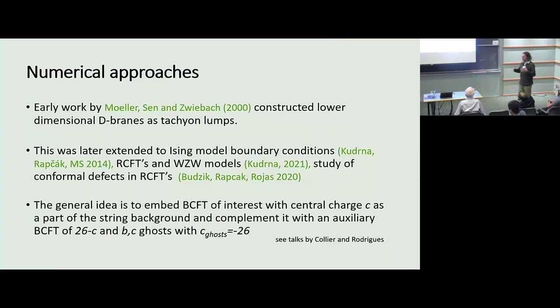Essentially, we take the BCFT of interest with some central charge c. We complement it with some auxiliary BCFT of central charge 26 minus c, and then we put the bc ghosts with central charge minus 26, and then we have a consistent open string field theory.